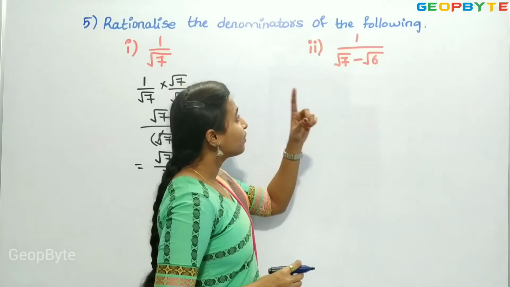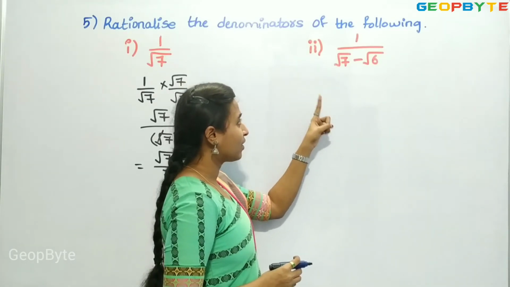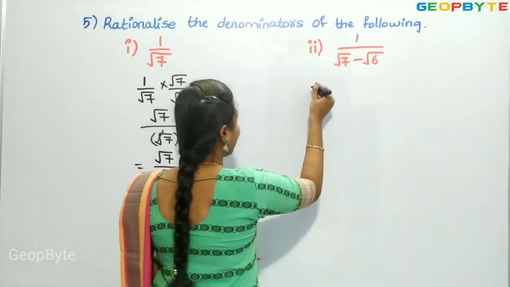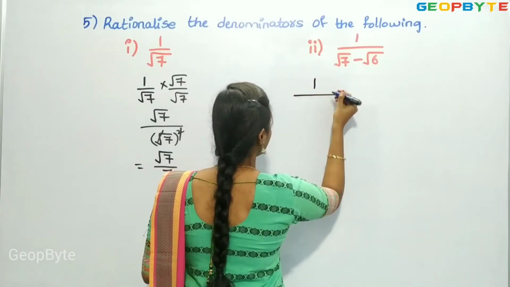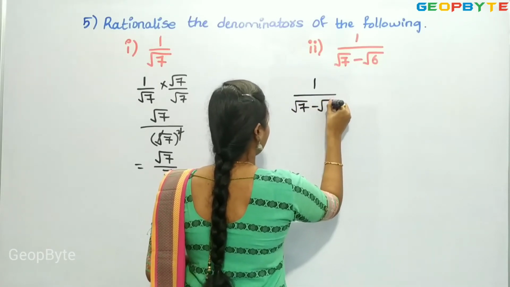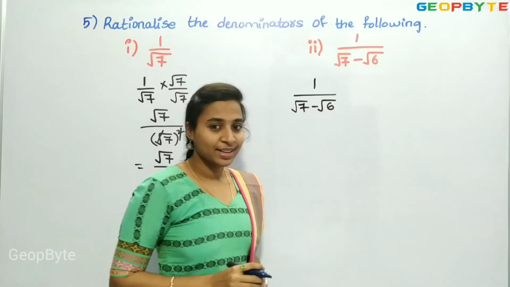We have 1 by under root 7 minus under root 6. So, let us write 1 by under root 7 minus under root 6.